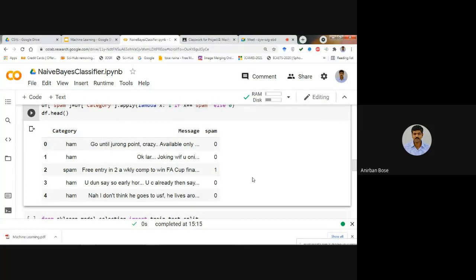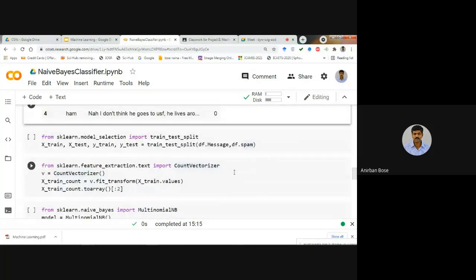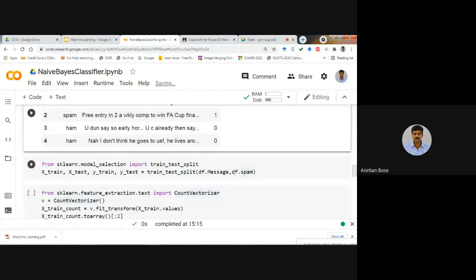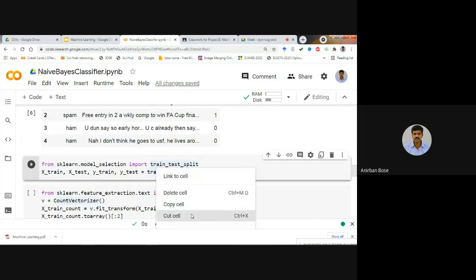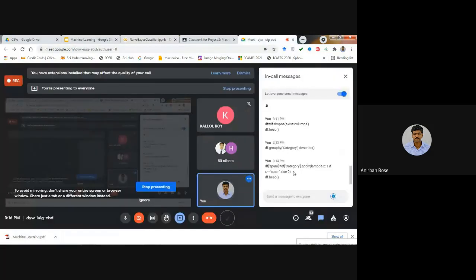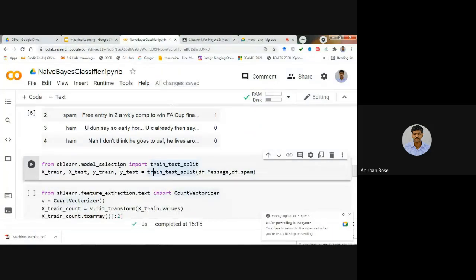Then the data preparation part is basically we have to split the data using the train test split method. That is a very standard one. So using train test split, you see that what is given as x and y. So what is x?